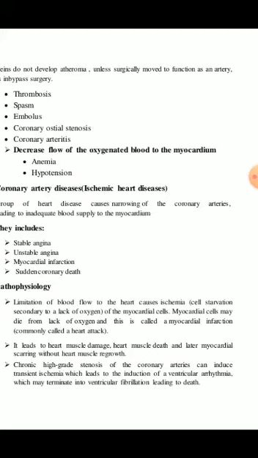In the next lecture, you will be able to appreciate the different types of arrhythmias. So these are the complications that may arise in ischemic heart disease, leading to different kinds of arrhythmias, and the most severe form is ventricular arrhythmia, ventricular fibrillation.